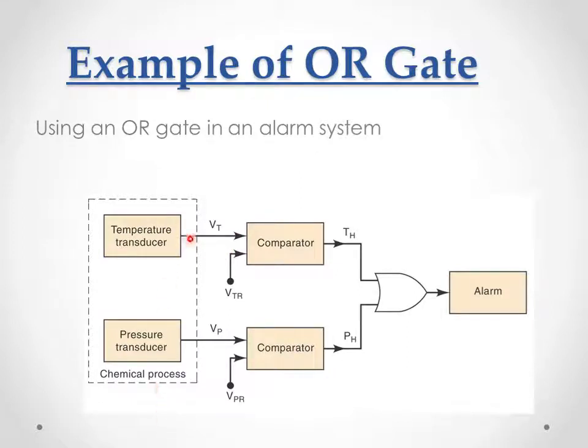Now when any one of the inputs or both the inputs are high, then the OR gate will give a high output, so the alarm will be switched on. If both the inputs are in low condition, the OR gate output is 0, so the alarm is in off condition. In the other three input conditions, the OR gate is enabled and the alarm is on.